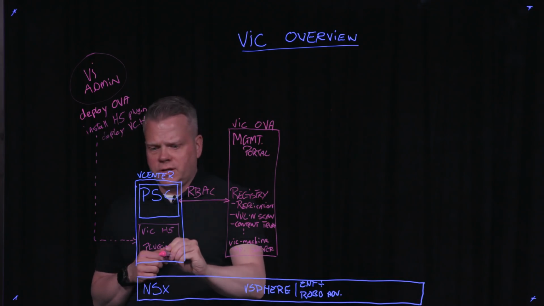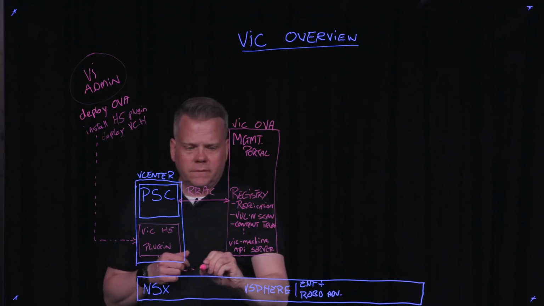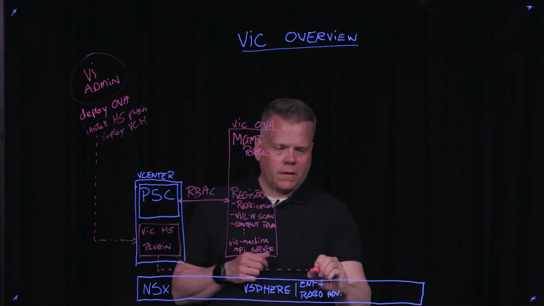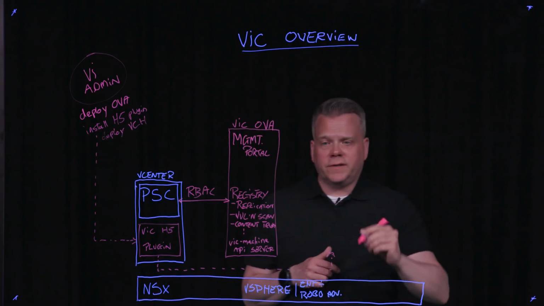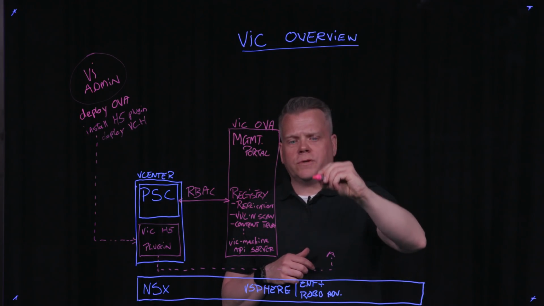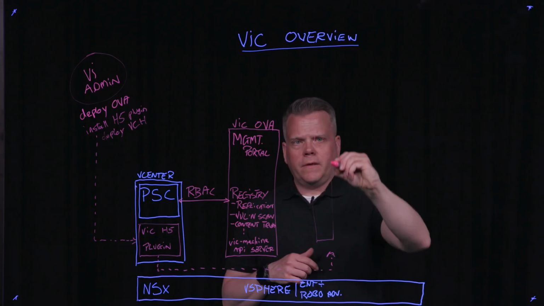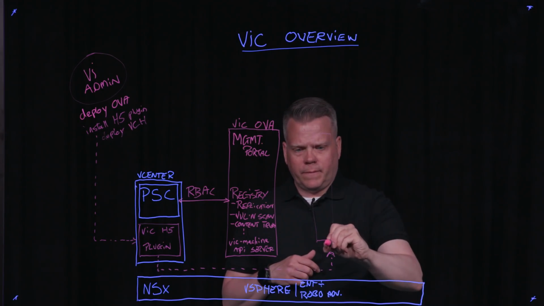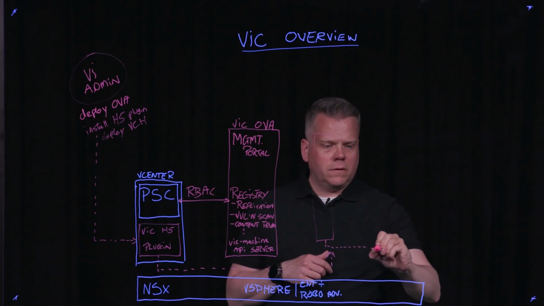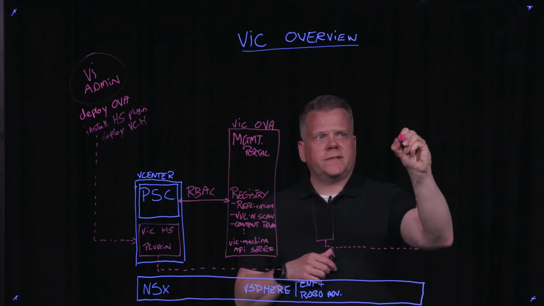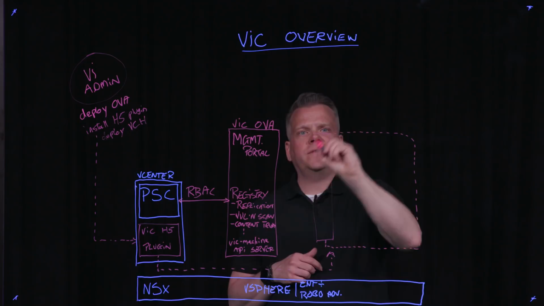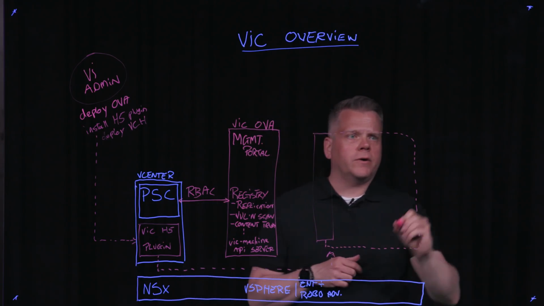So using the HTML5 plugin, I will deploy a virtual container host. So what is a virtual container host? Well, it starts with a resource pool. And we use a resource pool because it gives us a way to group the container VMs with their container host.